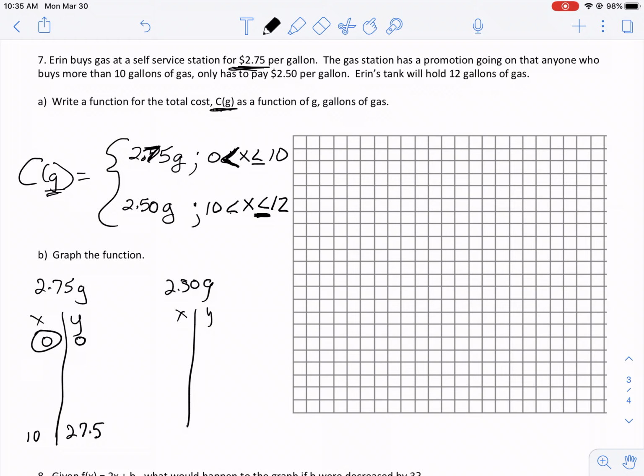And then from 10 to 12, 10 is an open circle, and that'll be $25, and that'll be $27.50, and that'll be $30. All right, so we have to graph this, and we can't have negative gallons of gas, so I'm just going to count by ones.